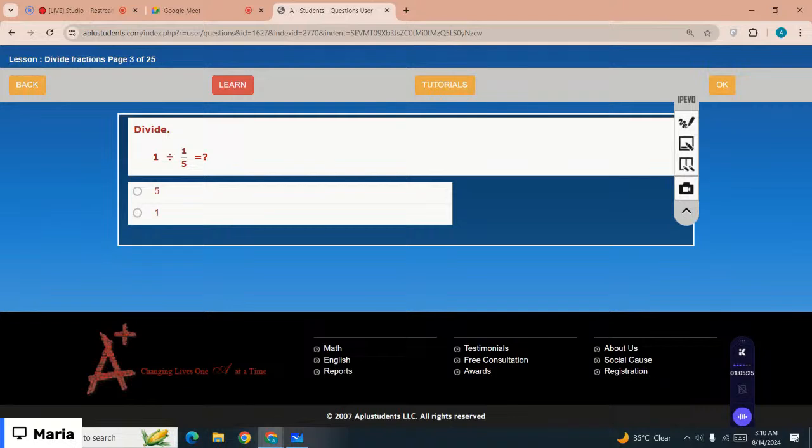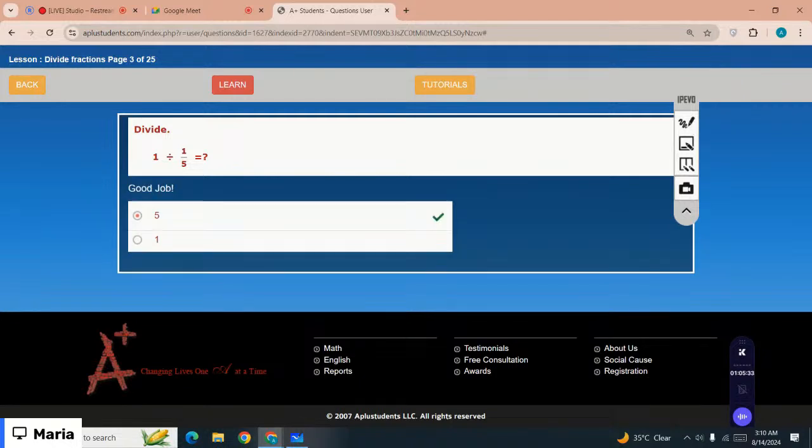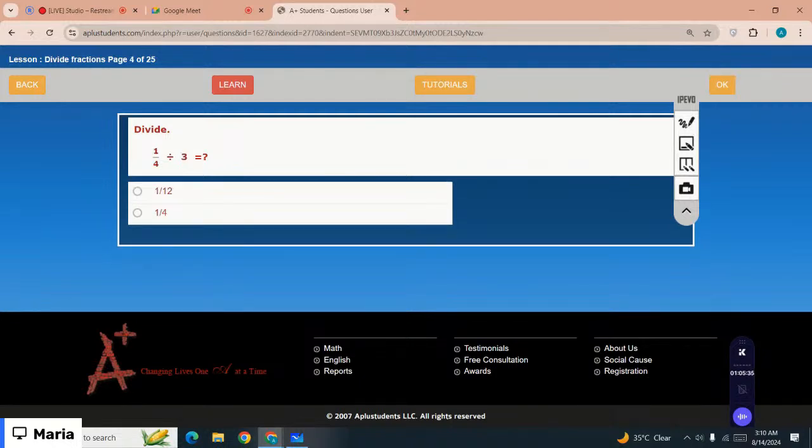The correct option is 5. Option number 1 is the correct option. Very good. 1 by 4 divided by 3.